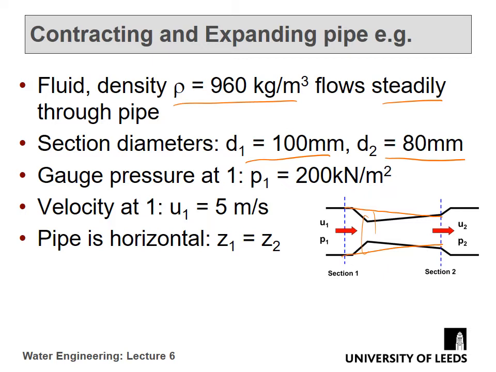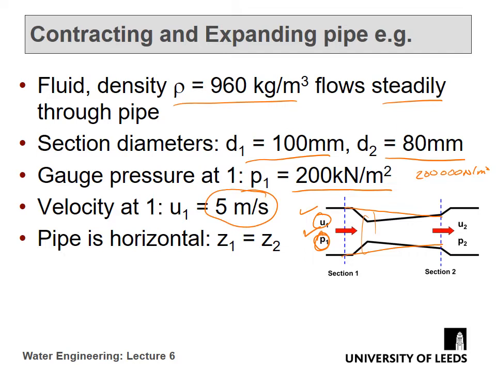So gauge pressure, right? We're given this value P1, and it's 200 kilonewtons per meter squared, or 200,000 newtons per meter squared. And the velocity at the inlet is also known, as U1, and it's 5.